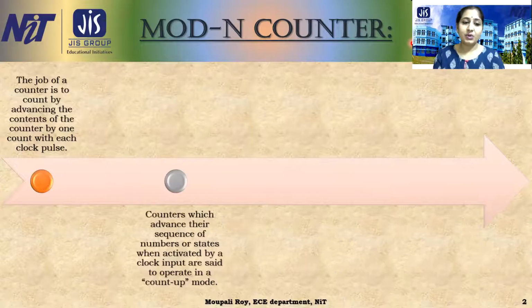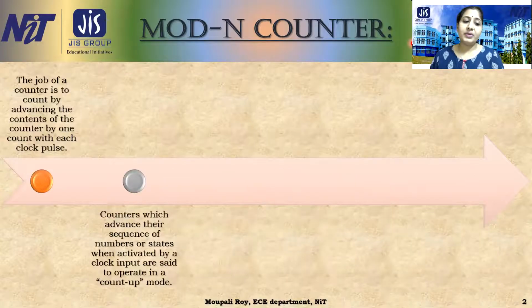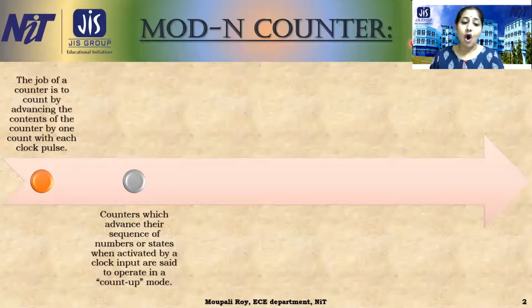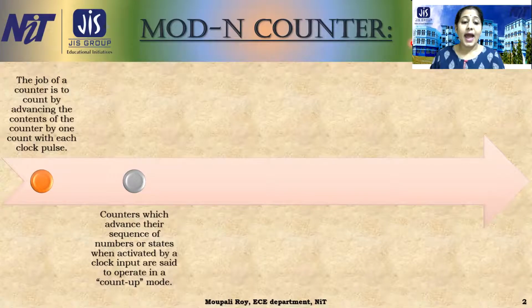So the counters which advance their sequence of numbers or states when activated by the clock pulse inputs are said to operate in a count up mode. That means we have to count in a proper way.